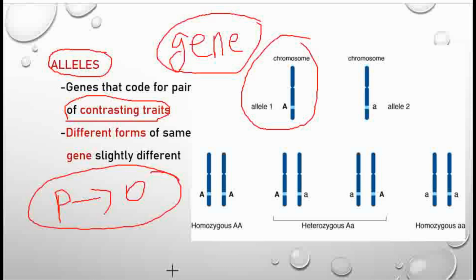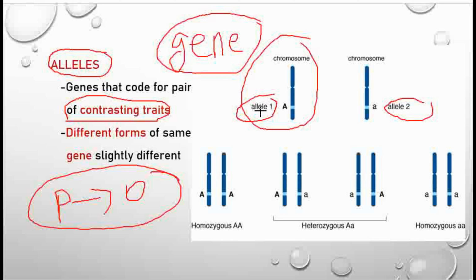You can see in the picture, in chromosome A, this is capital A, we have allele 1 and allele 2 here. They are located at a specific position inside the chromosome. Two or more versions of a gene are alleles.